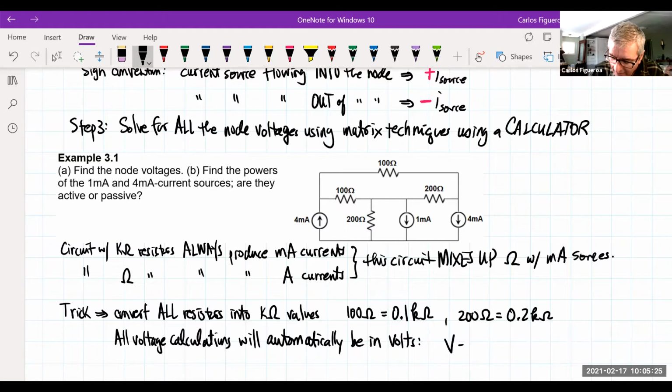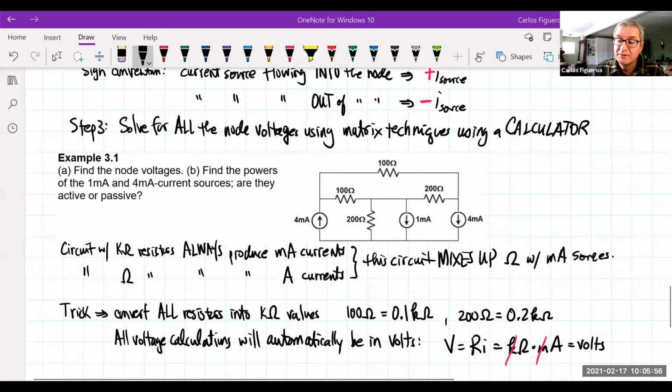Because if I multiply a kilo ohm resistor times a milliamp, you can see that these guys are going to cancel out and give you 1. And so that means the unit of this guy here is going to be in volts. So the very first thing I'm going to do is convert all of my resistors into this guy here.